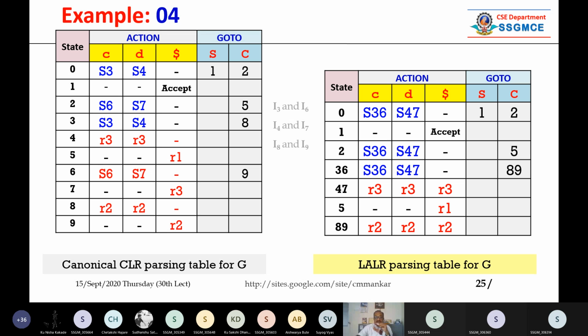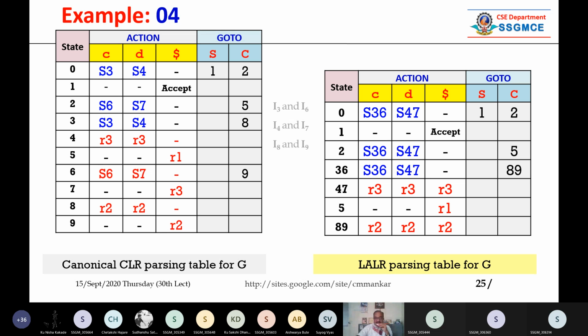So friends, here what is happening? We have merged 3 and 6, right? So whenever there is a reference to S3 and S6, we are writing S36 because we have merged them. Now 4 and 7 are there. Refer to the previous CLR parsing table.